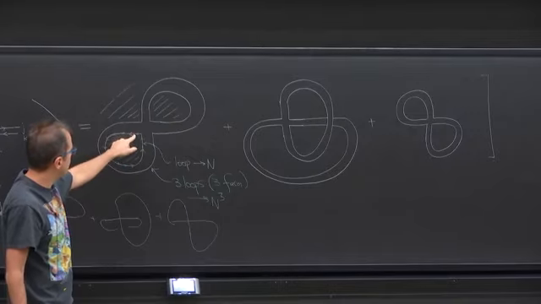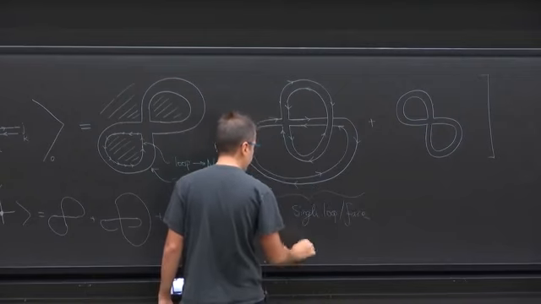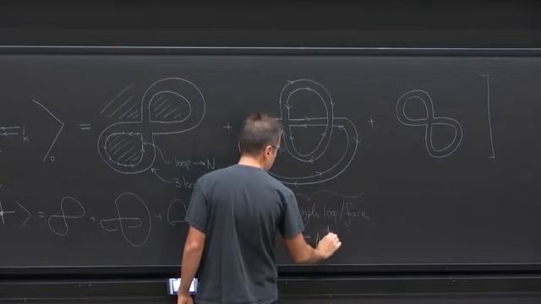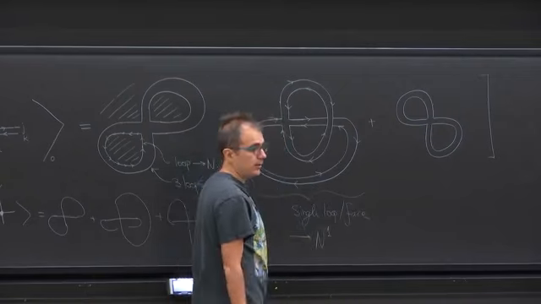So all in all, a single loop, or face, and therefore this diagram gives n to the 1. And this one, again, 3 faces, so n cubed. And so we see right away that graphically these terms have this simple explanation.